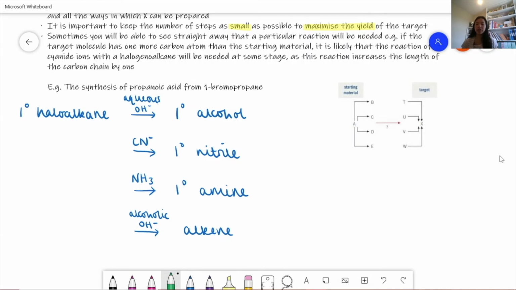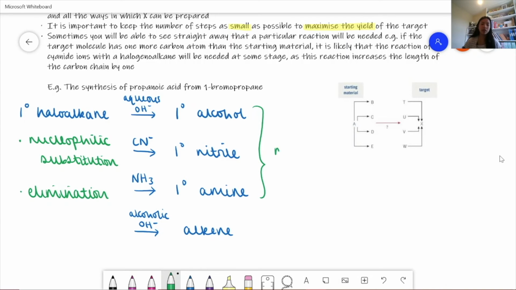We can either get nucleophilic substitution, or we can get elimination. And so here we have our nucleophilic substitution. And this one is our elimination reaction.